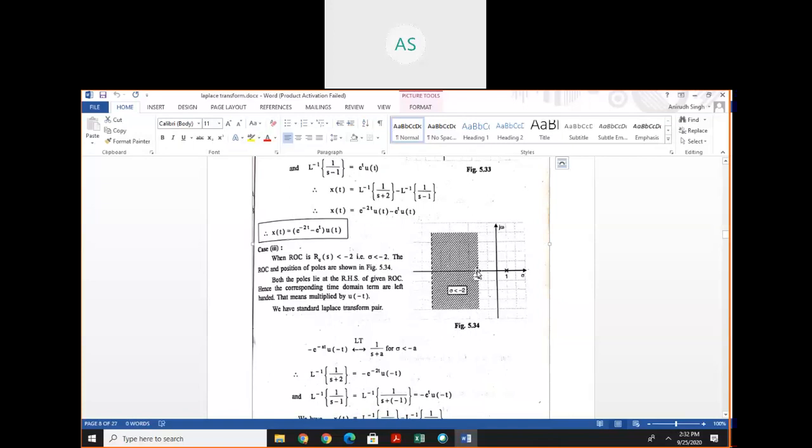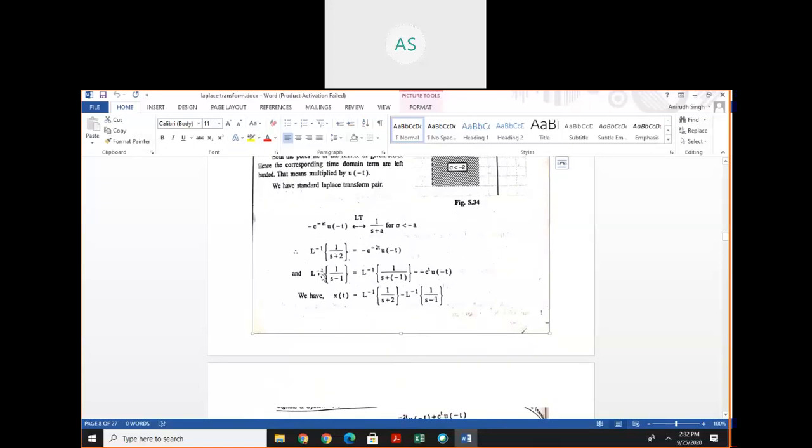So if we take the inverse Laplace transform of 1 by s plus 2, it is equal to exponential minus 2t u(t), and similarly for this term we get the inverse Laplace transform. In this case, we get x(t) is equal to exponential minus 2t u(t) minus exponential t u(t).